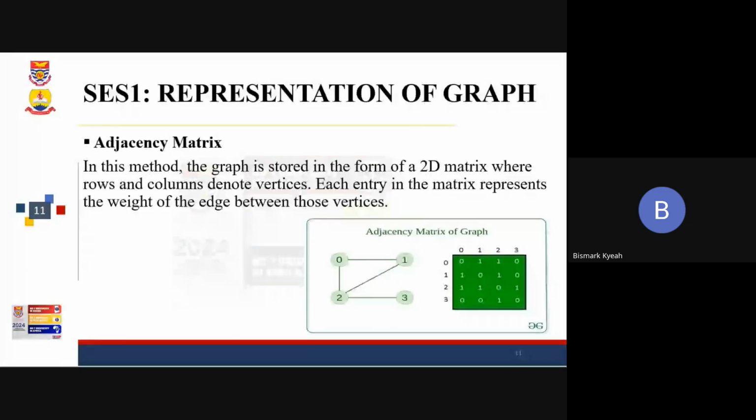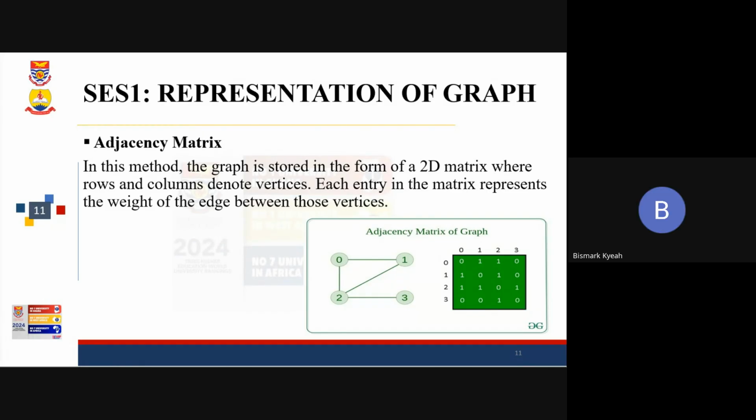Please, 0 to 1, we wrote 1, and then 0 to 2, we wrote the same 1 there. I wanted to understand, sir. So what we are saying is that wherever there is an edge connecting two vertices, the weight is 1.